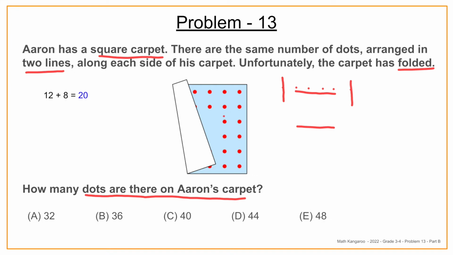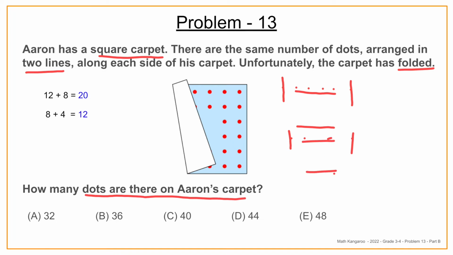Similarly, count the inside dots. We have 1, 2, 3, 4 on this side, 4 on the other side. That makes 8. We already counted the corners. On the horizontal line, we have 2 on this side, 2 on this side, which gives us 4.